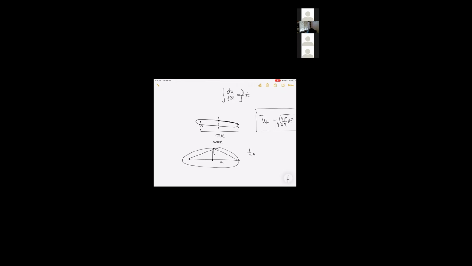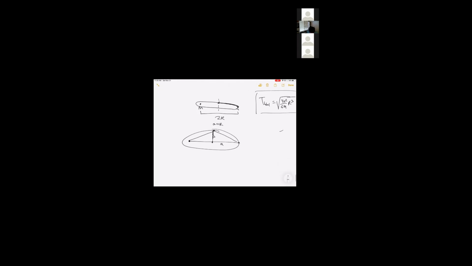Yeah. So what you can say is that since this focus is all the way at the left, this is not exactly the same, but you can approximate it as finding this shaded area right here.